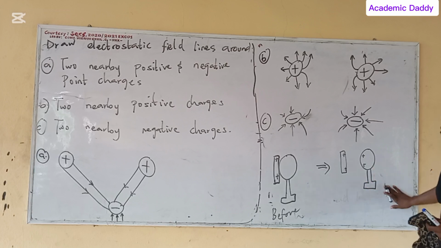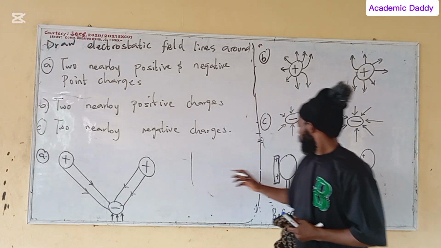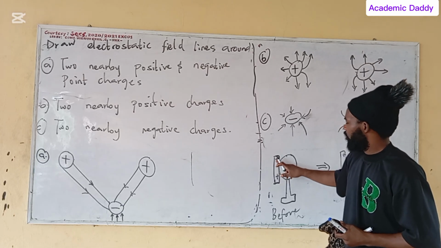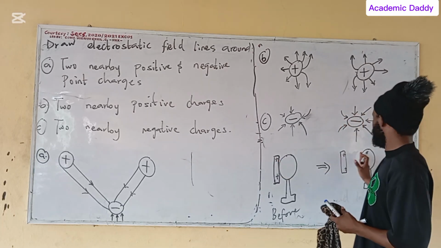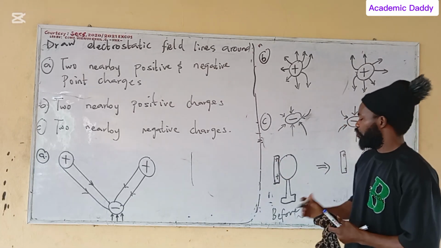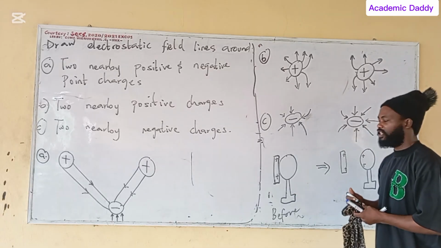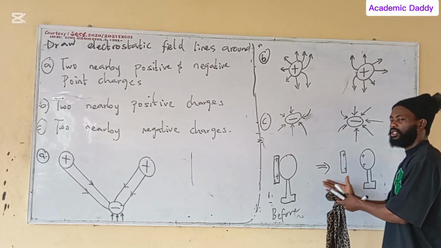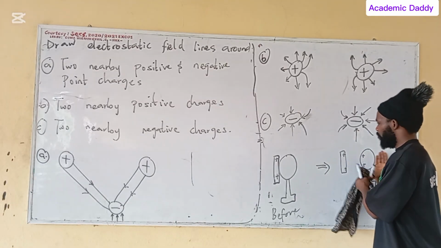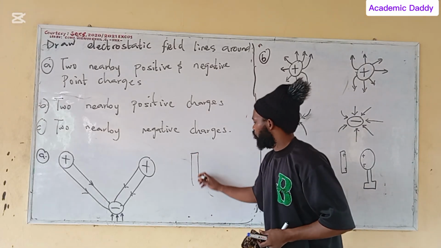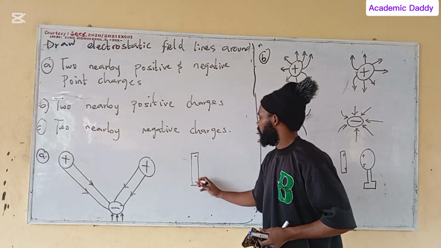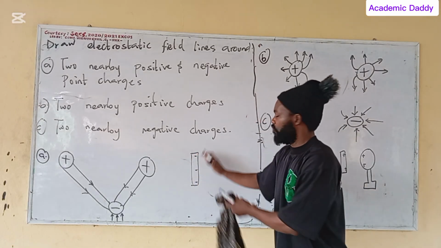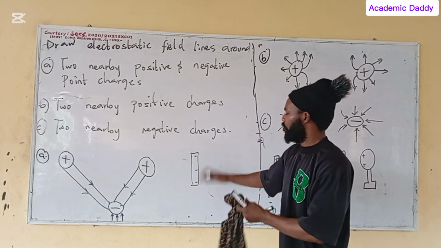Normally this can be negative. If it's negative, by the time you leave it, it will still give you a negative charge. So what it simply means is that by contact, whatever charge you have, when it leaves, it still leaves with the same type of charge. But if this is by induction, let's say I have a negative rod here. By induction does not mean it has to touch.